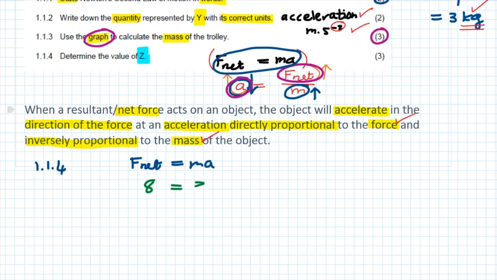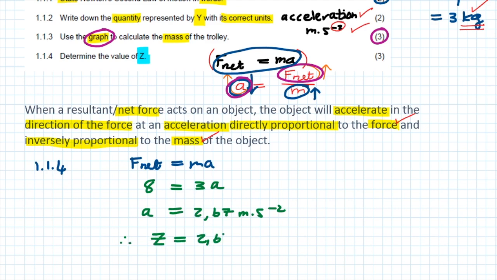We just found out that the mass is 3, and we don't know the acceleration, which is the Z value. Dividing both sides by 3, we find that the acceleration is equal to 2,67 meters per second squared, and therefore the missing Z value is 2,67.